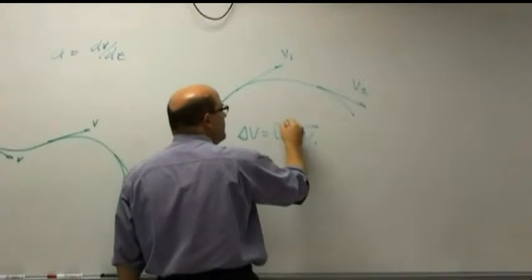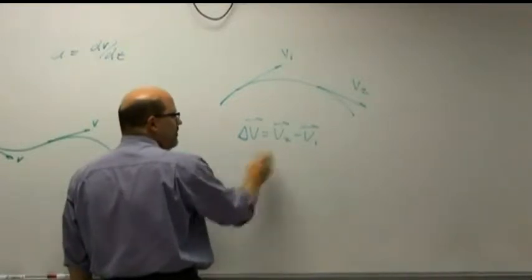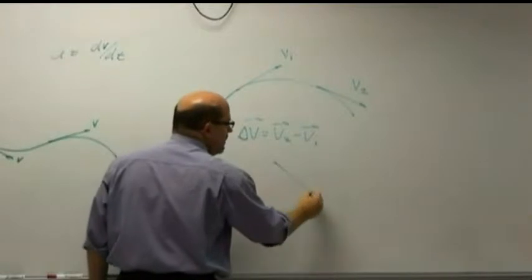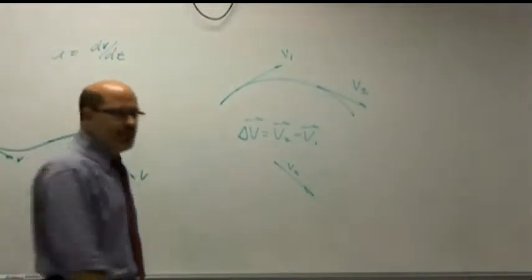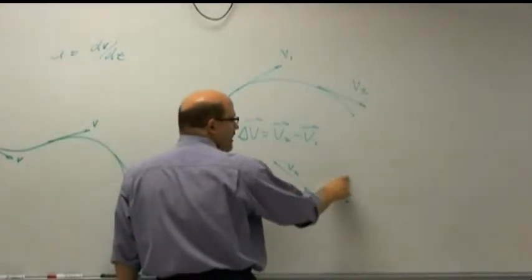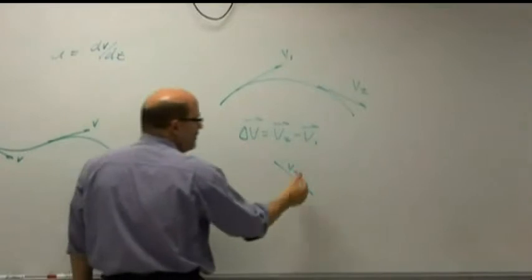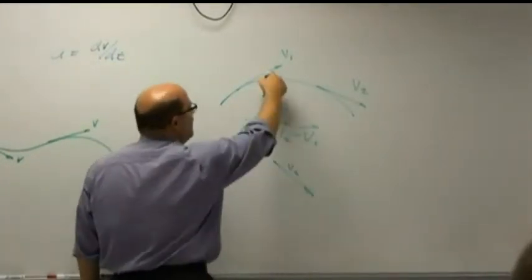Now, these are vectors. So here's V2. V2 points this way. Which way does V1 point? This way, but we want a negative of it. So which way does that point? Down. So it's like V2 plus a negative V1, which would be the opposite of this one, this way.